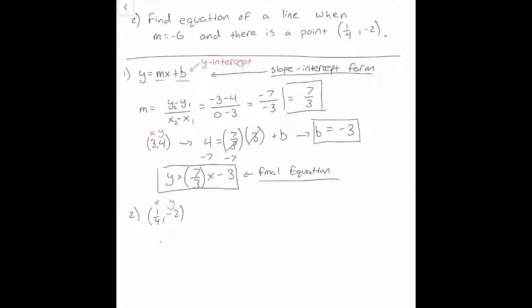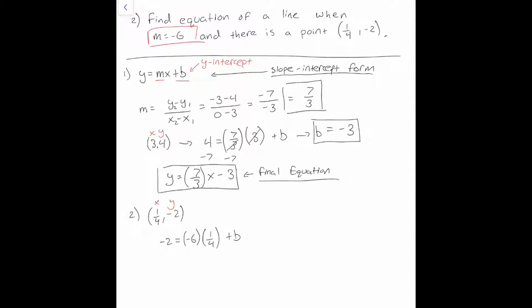So y is minus 2 is equal to m, which, remember, they give us here. M is minus 6. So it'll be minus 6 times x, which is 1/4, plus b.